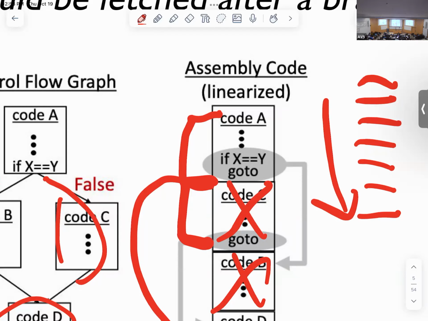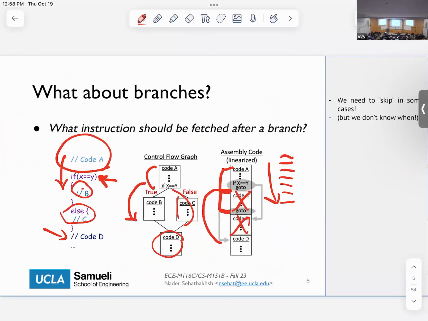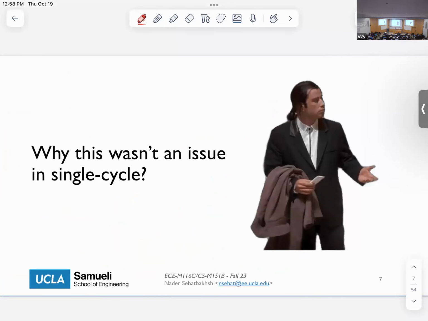But if you think about the pipeline, you will see that the time at which we resolve the branch is not immediate. It takes some time for the branch to be resolved. So let's talk about when this happens and why this is going to be an issue. And again, you might ask why control hazard wasn't an issue in single cycle.